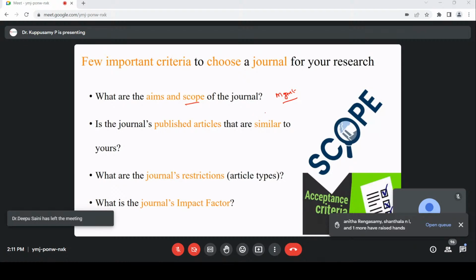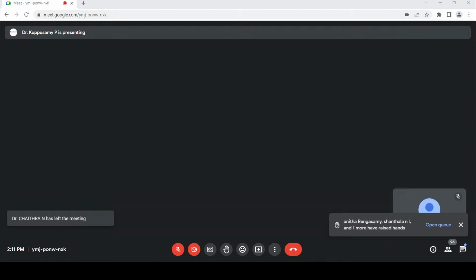If it does not, your time will be wasted by submitting the article, and you will wait for 1 week or 2 weeks, even 2 or 3 months, and unnecessarily waste your time. So the first step is to check the journal's objectives and the scope of topics of the given journal.